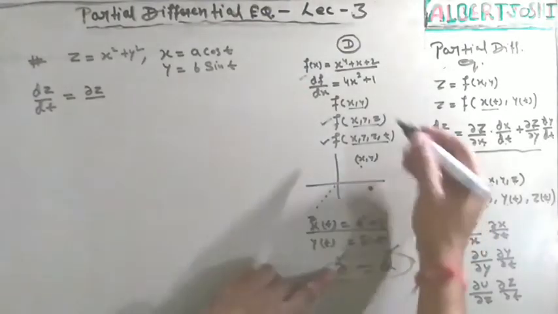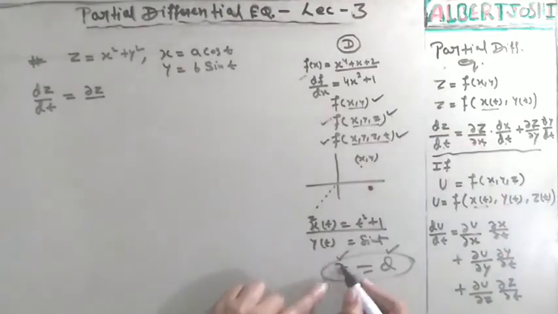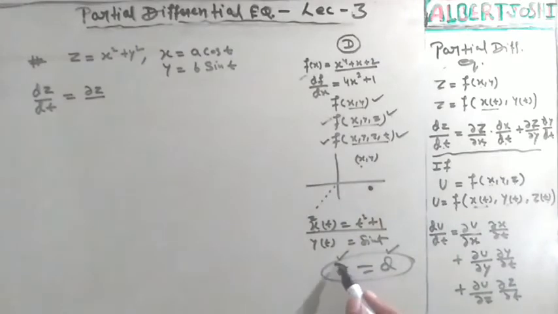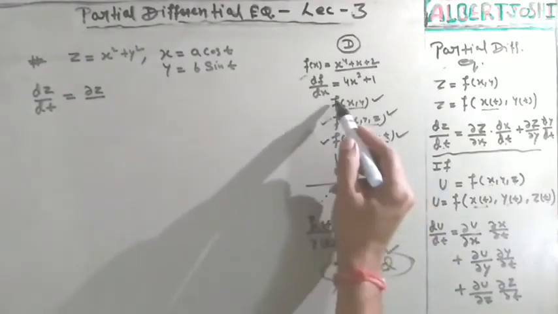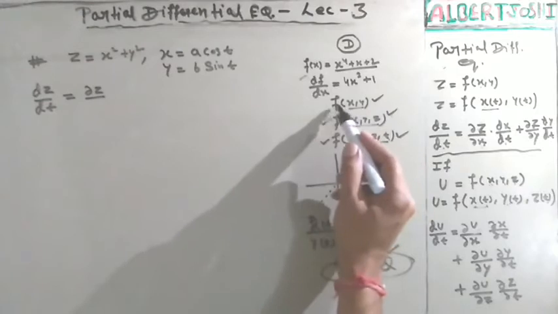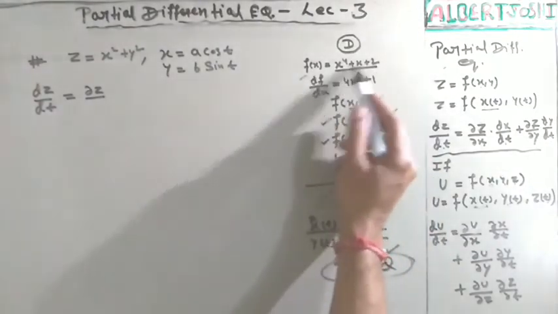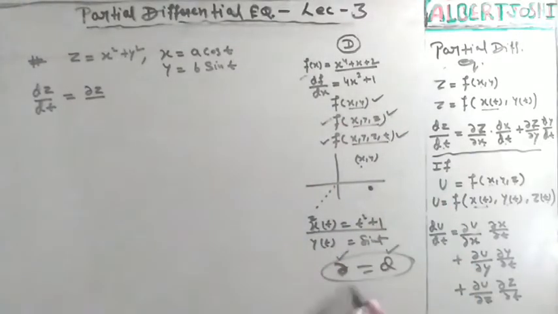Whenever you have more than one variable, you will use this d. The working principle is the same. This is also differentiation, this is also differentiation, but it indicates that it is differentiating a function where you have more than one variable, and this one where you have only a single variable. So that is the meaning of this d and this d.